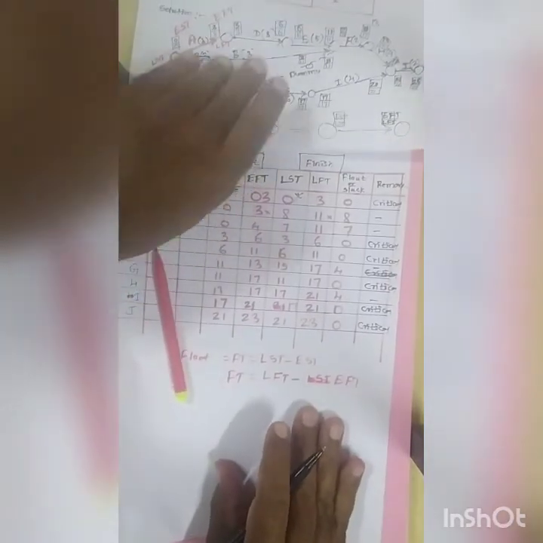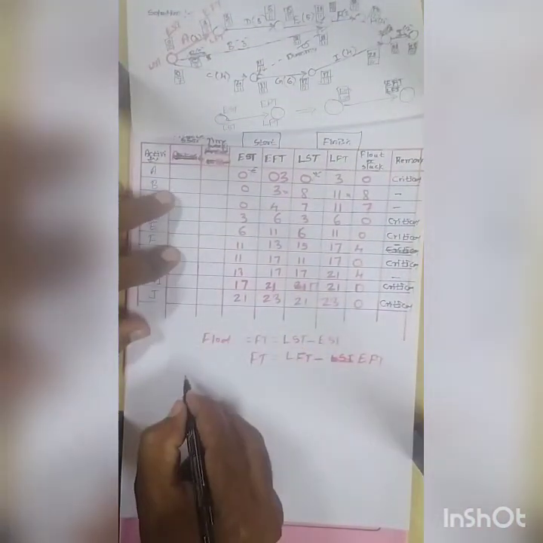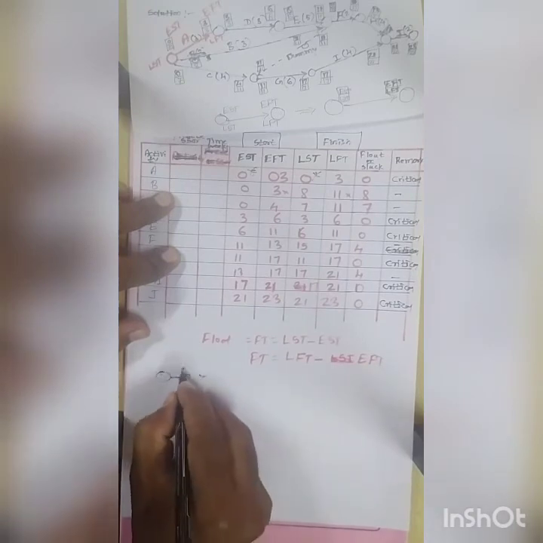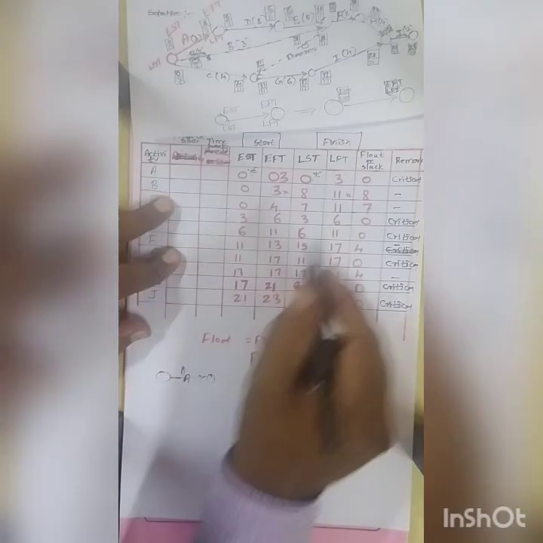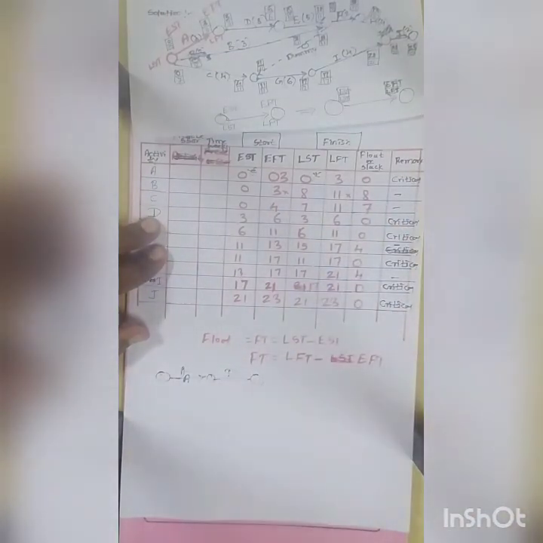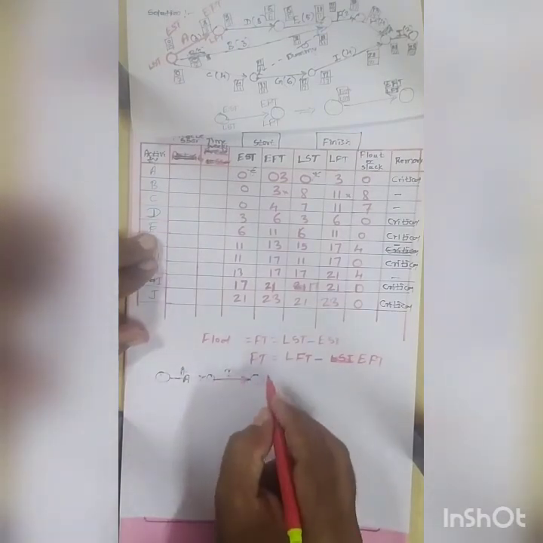So here in the network, activity A is critical. After that, D is critical. Next, E is critical.